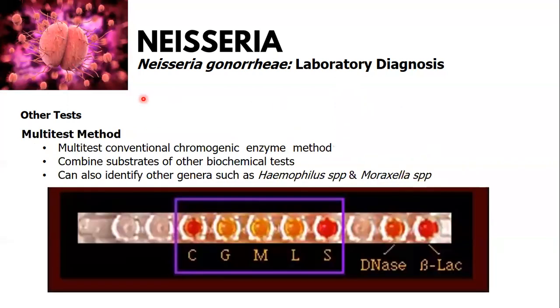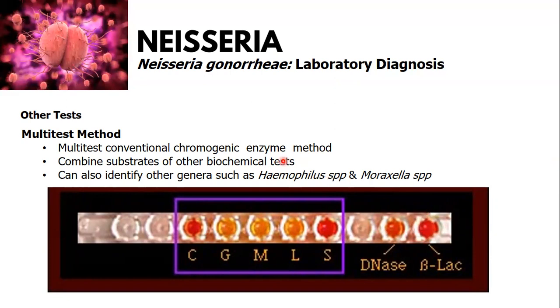We also have this multi-test method. This is a method that follows the conventional chromogenic enzyme principle, but it is a combination of other characteristics. So apart from determining carbohydrate utilization, we can also identify whether the organism possesses DNase that hydrolyzes DNA, and beta-lactamase that hydrolyzes the beta-lactam ring of beta-lactam drugs.